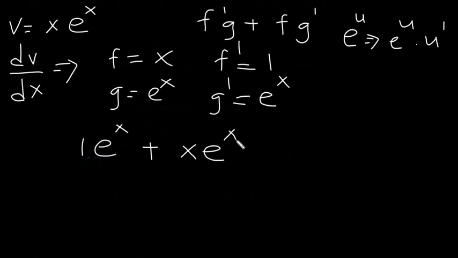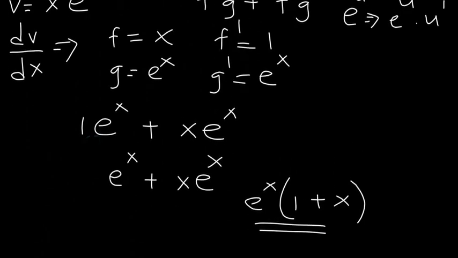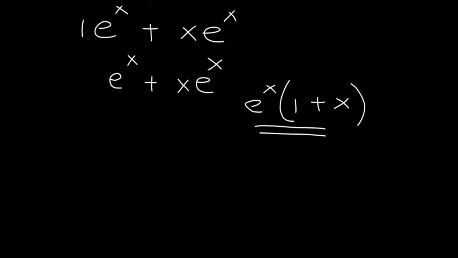So this is going to be exponential x plus x exponential x. We can simplify this by factoring out exponential x, so that we have 1 plus x, and that is now going to be the derivative of our function there.